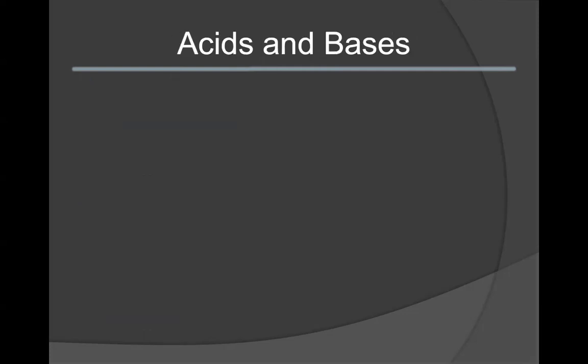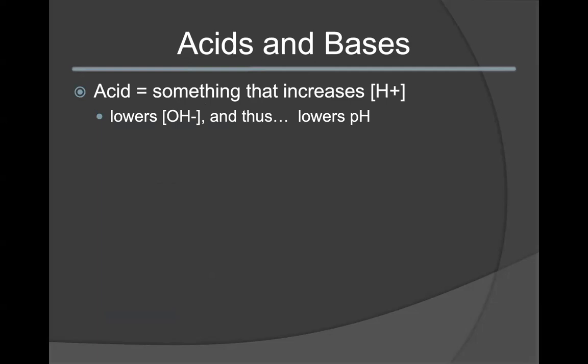So we are going to end this topic by talking about acids and bases. So what is an acid? An acid is something that overall increases the hydrogen ion concentration. Remember that the hydrogen ion concentration is inversely related to the hydroxide ion concentration. So if my hydrogen ion concentration is increasing, that means that my hydroxide ion concentration would be decreasing.